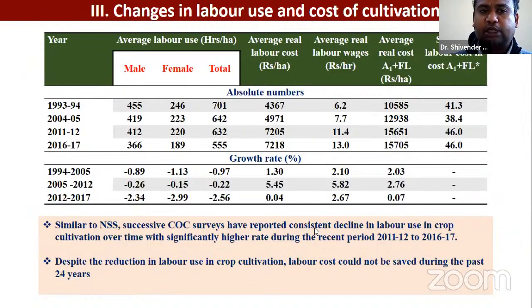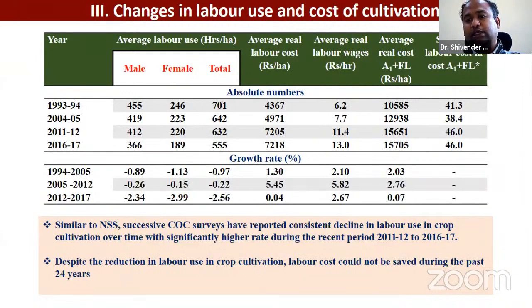And the third part is: what are the implications of changes in the labor force in agriculture? We can always see this, because labor, once it is withdrawing, is the dominant element in the cost of cultivation.